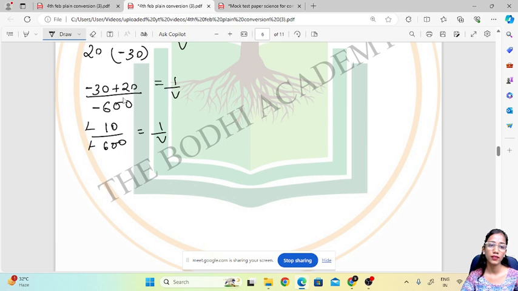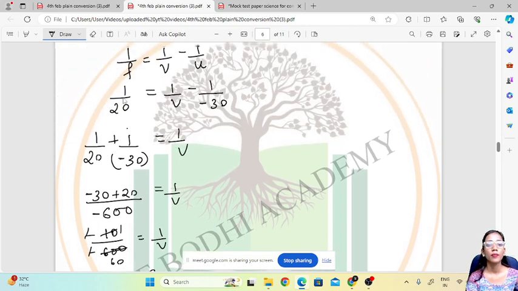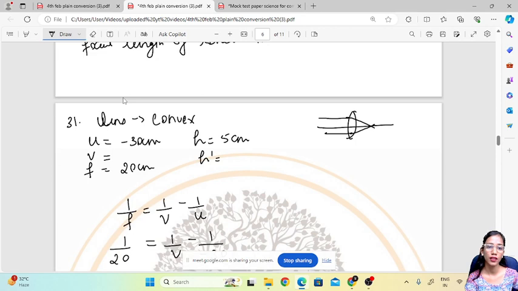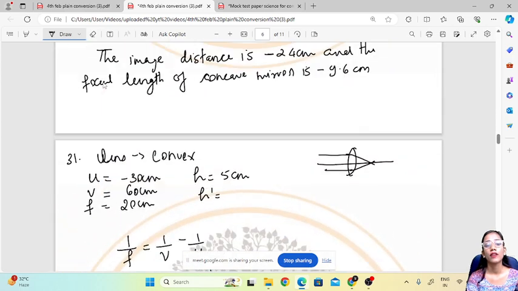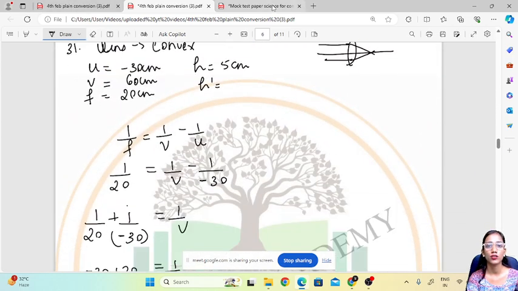So cancel this, 10 ones are 10, 60. So v is equal to 60 centimeter. So the image distance is 60 centimeter. Okay, now what you have to find? You have to find h dash, right?